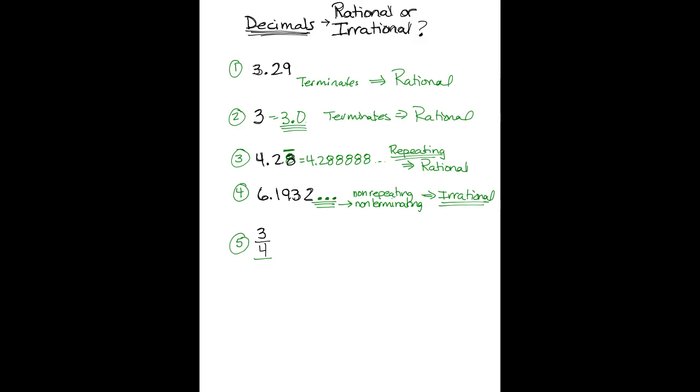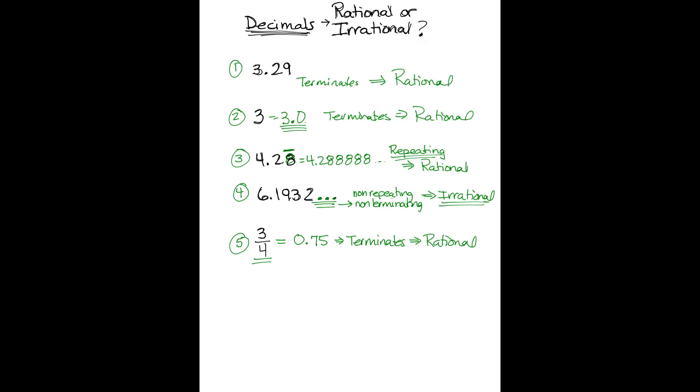Okay, now the last one, number 5, we have a fraction, 3/4. Well, if you think about what the definition of a rational number is, it's that it can be written as a fraction. And 3/4 obviously is a fraction. If we look at it in terms of a decimal, we know that it's 0.75 as a decimal.